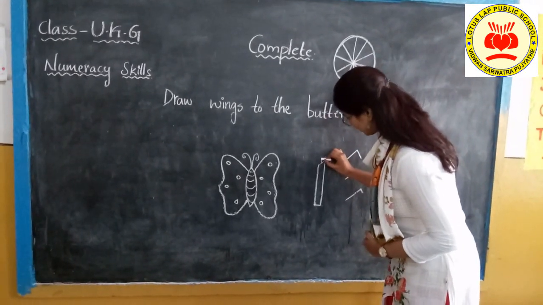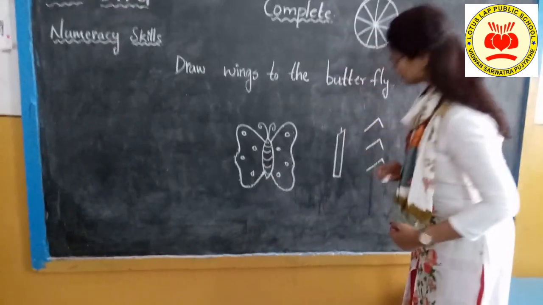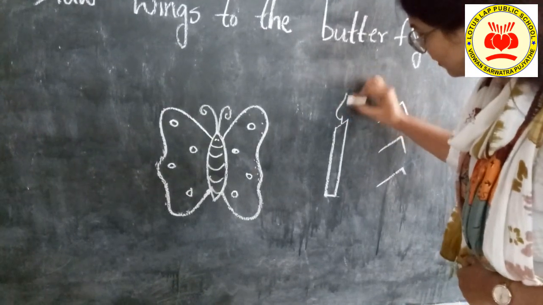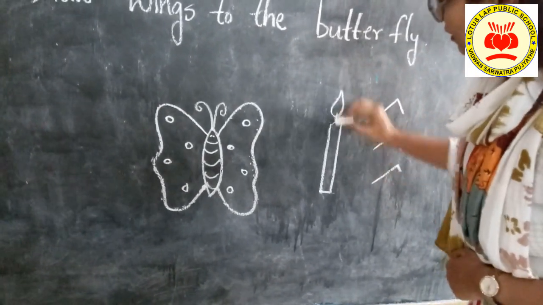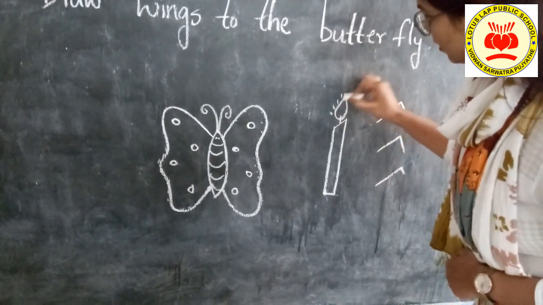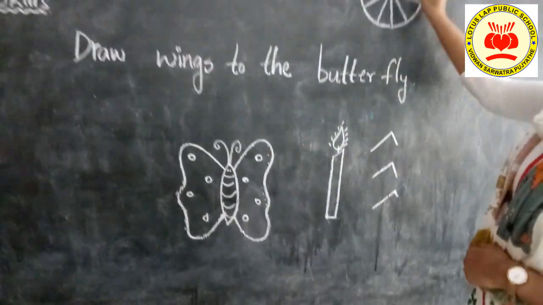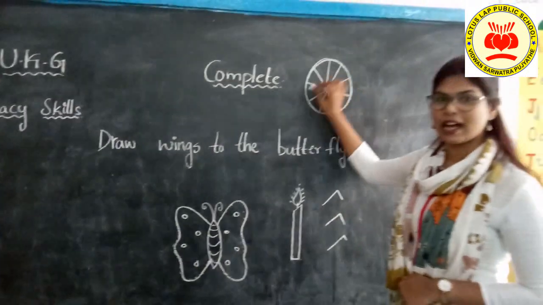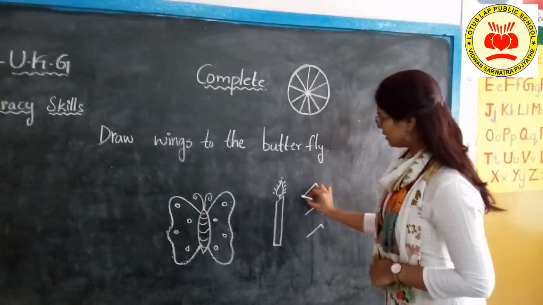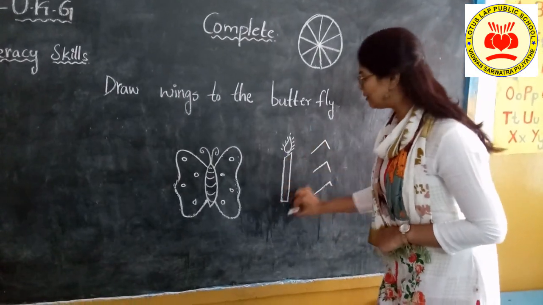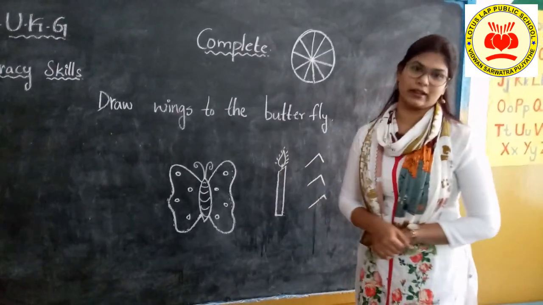Now, let's draw a string. After that, fire. So this is how the candle looks. This is what the wheels of a car look like, and these are the legs of an ant. This is how the candle will look.